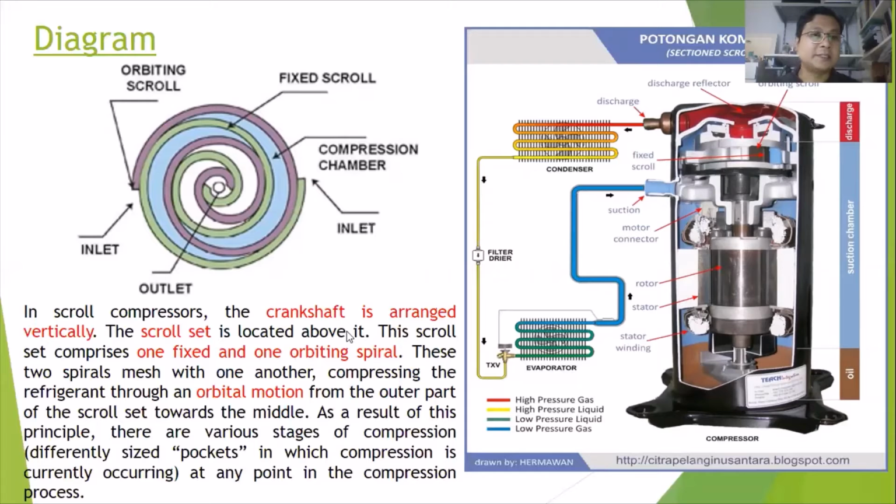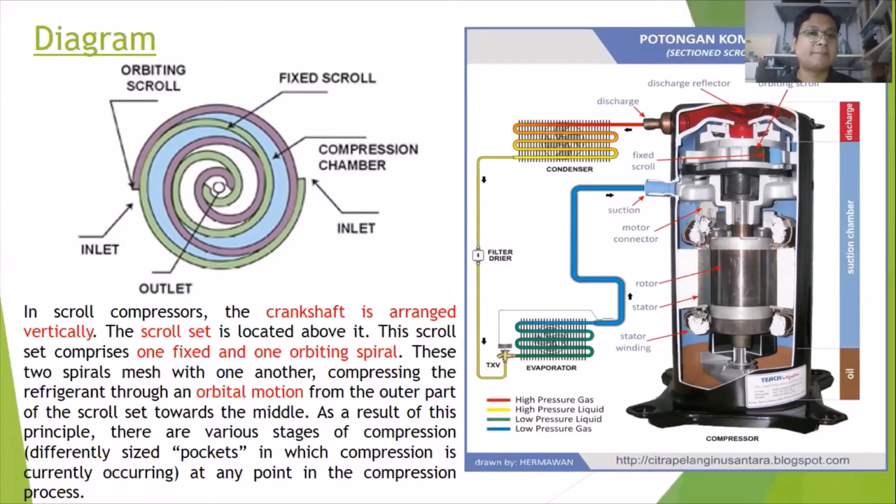So a scroll compressor has a spiral shape. The pattern is like a spiral. By moving the spiral, the spiral will push the space by distance.